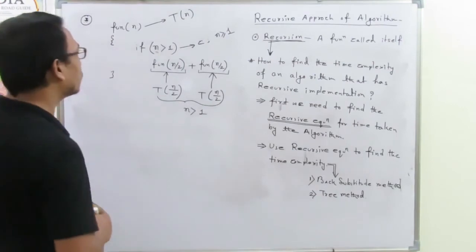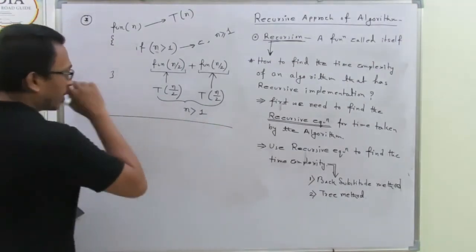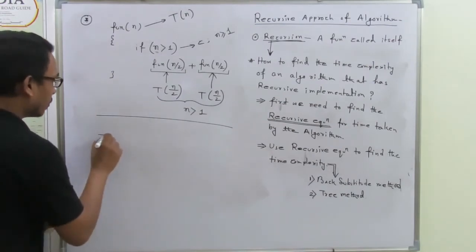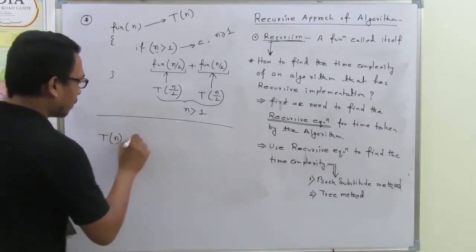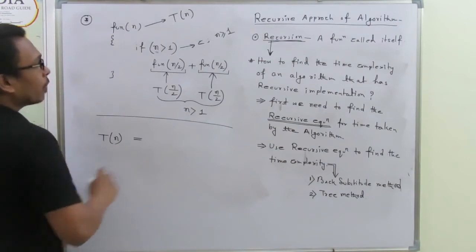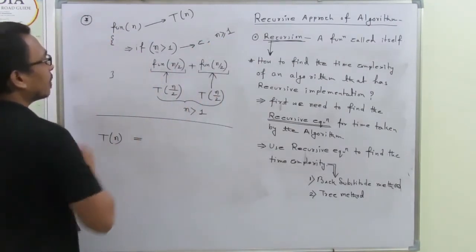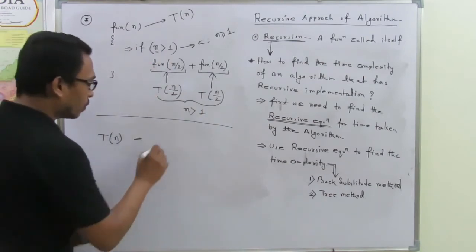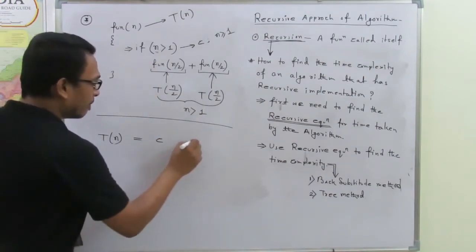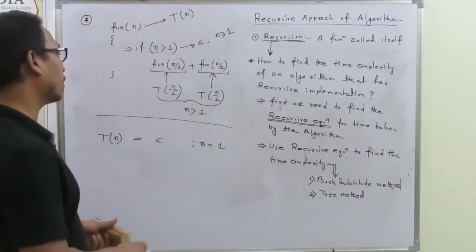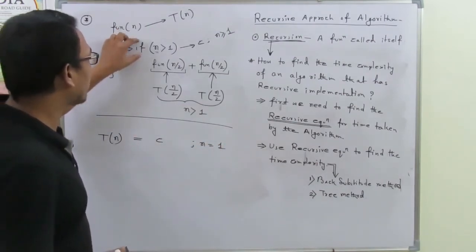Clear? So now we can simply convert this algorithm into a recursive equation. So what will we get? We will get T of n equal to, when n equal to 1, we just need to execute this particular if statement. So we need only constant time when n equal to 1, and when n is greater than 1, at that time this part will also execute.